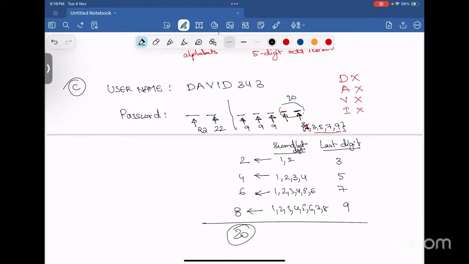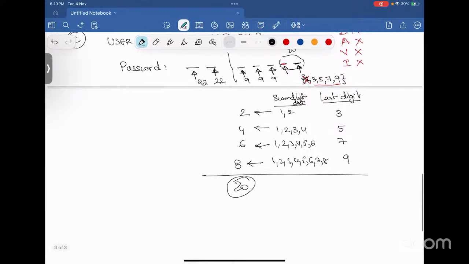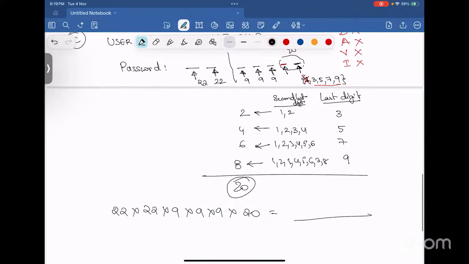And for each possibility I have 22 into 22 into 9 into 9 into 9 different ways for the first 5 places. Therefore the total number of ways will be 22 into 22 into 9 into 9 into 9 into 20. And use your calculators or anything, you can get the answer.